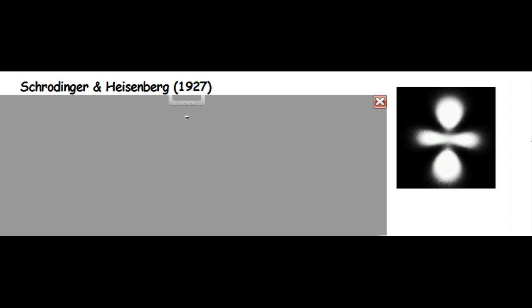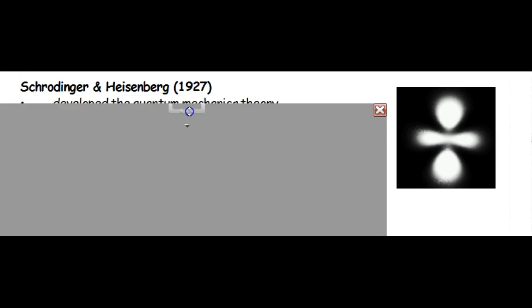Okay, so this is where things get tricky, because it turns out that Bohr wasn't really right about the whole orbit thing. It was a pretty simplistic view, and so Schrödinger and Heisenberg, two scientists working in the late 1920s, developed a different model of the atom based on more current evidence, right?